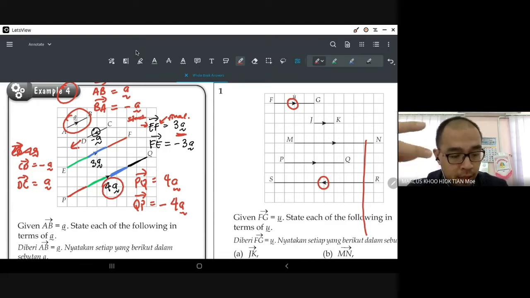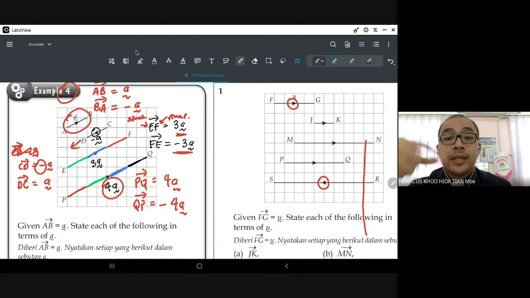Secondly, if there is a negative number, like -1 or -3, the negative means that the direction is changed compared to the original vector. So we need to know what the original vector looks like, and then we can put the number, or the negative if we want, to change the direction or change the length.